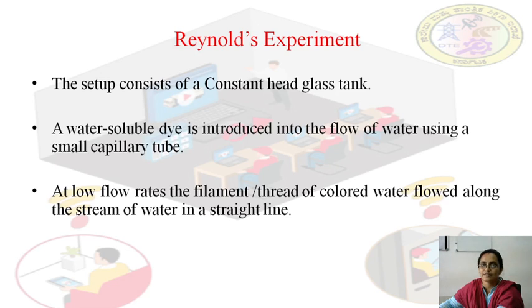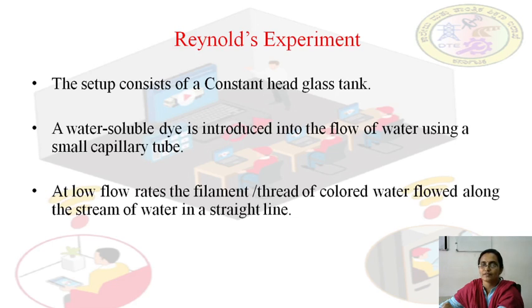We are first adjusting the speed at very low rates. Then we can see a colored thread or colored flow of the dye. It will be in a straight line as the flow is at very low velocities.